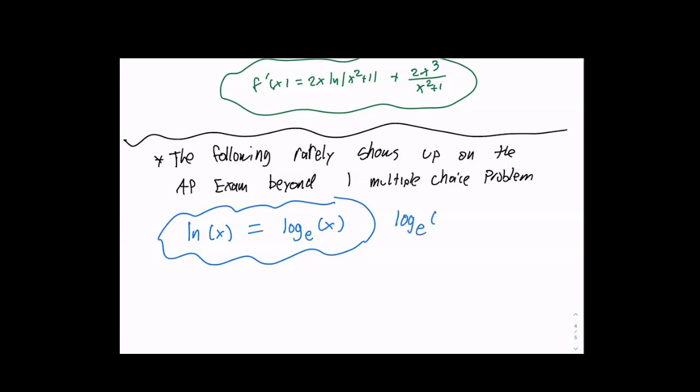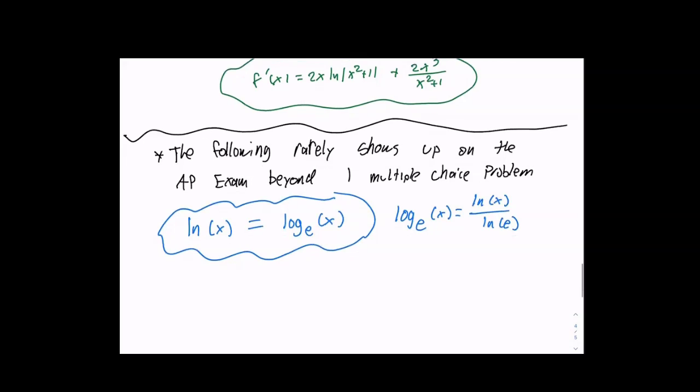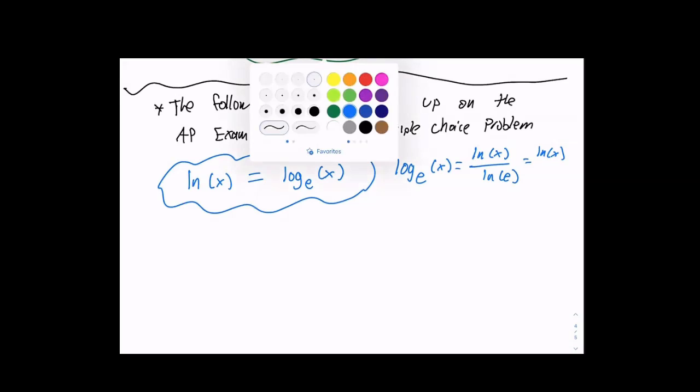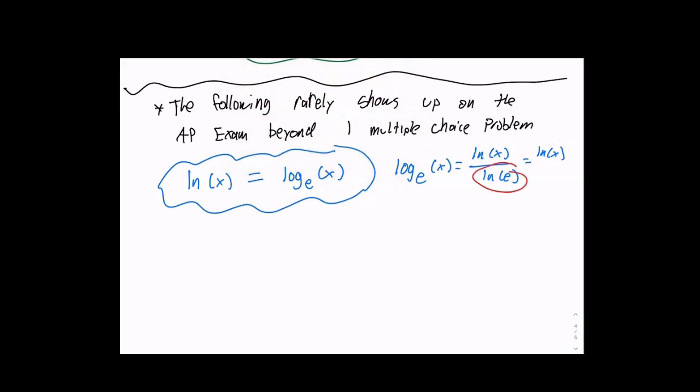Log base e of x can be written in terms of natural logs as the natural log of x over the natural log of e. Well, the natural log of e is 1, so this can be written as the natural log of x, because this is just 1.